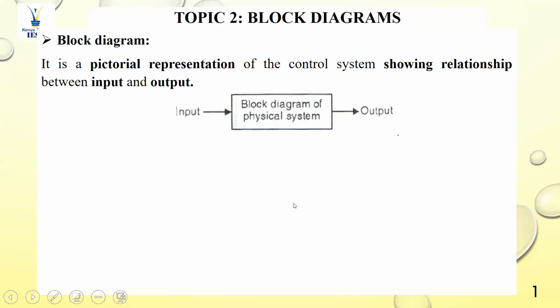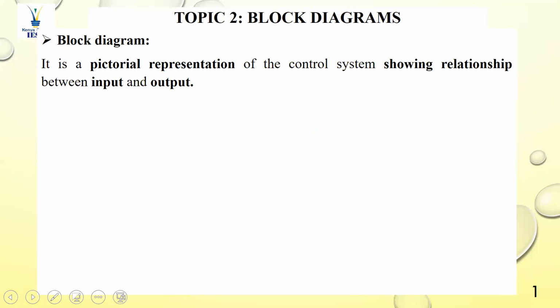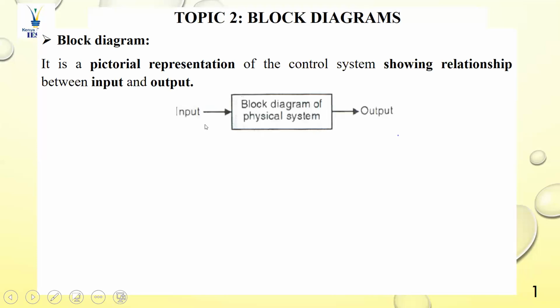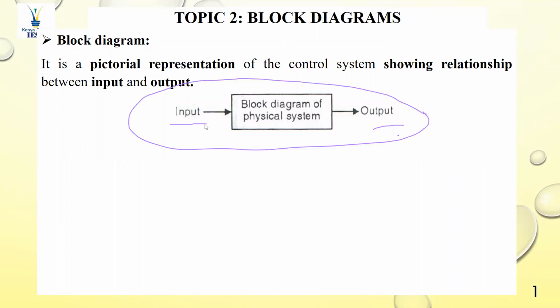It has an input and it has an output. This is just a pictorial representation of what a component or a control system is. It contains an input and an output.